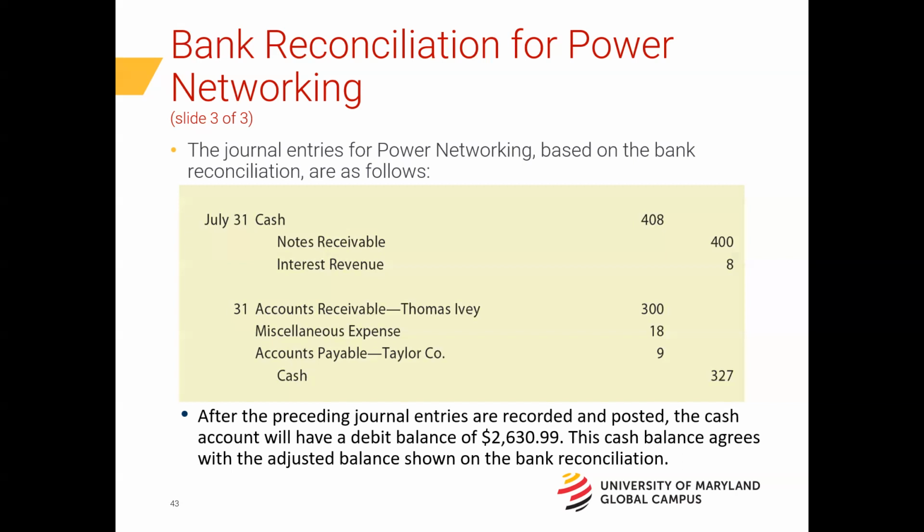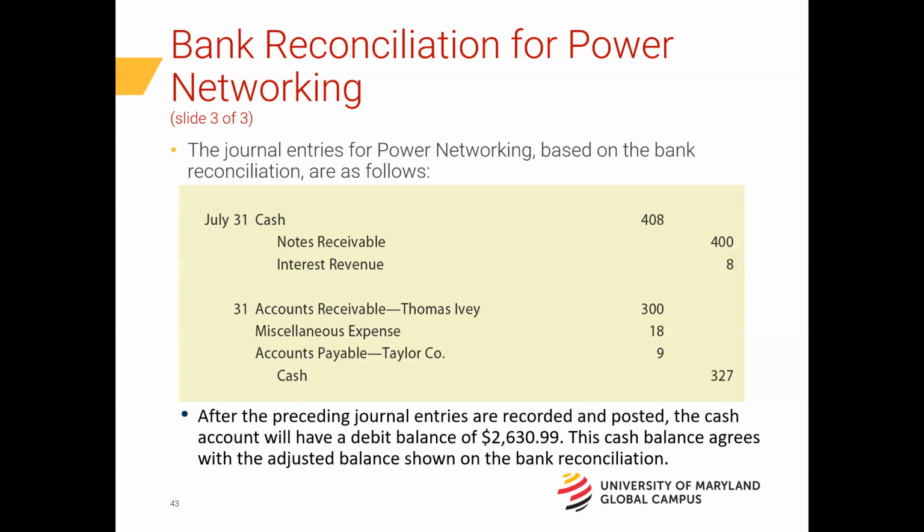And also, another journal entry that we made was a debit to accounts receivable from a customer that they had paid us. I'm sorry, no, this one is the bounced check. A customer tried to pay us, but the customer didn't have enough funds in their account to pay us. And so the company incurred a non-sufficient funds fee.